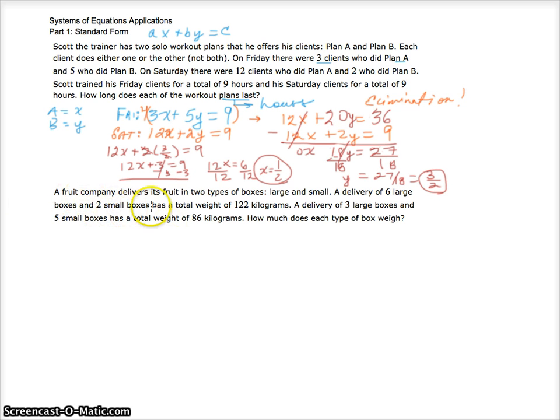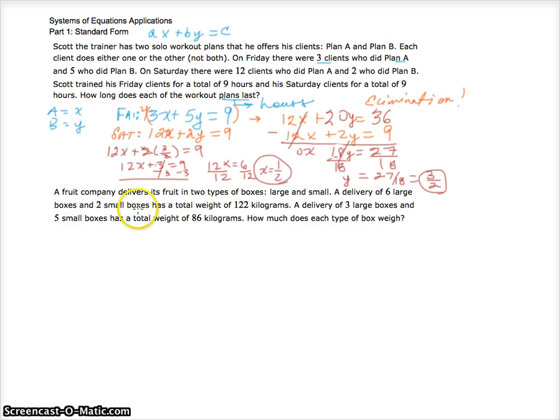A fruit company delivers fruit in 2 box types, large and small. Delivery of 6 large boxes and 2 small boxes has a total weight of 122 kilograms. Delivery of 3 large boxes and 5 small boxes has a total weight of 86 kilograms. How much does each box weigh?